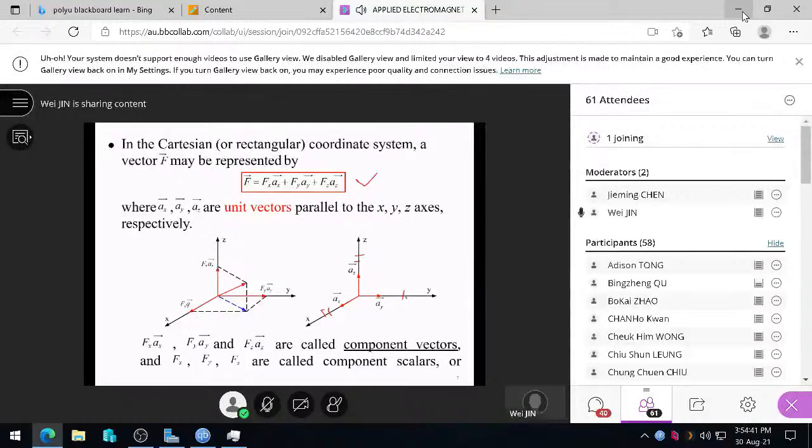The x component equals the summation of the p vector and q vector components. So just add component by component: x component added to x component, y component added to y component, z component added to z component. So you can use this way or that way to do the summation of two vectors.